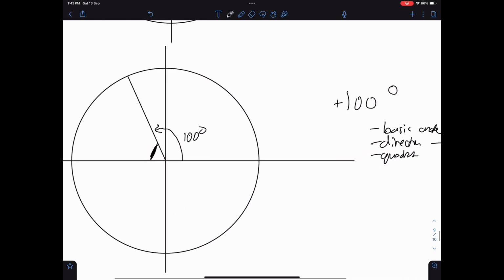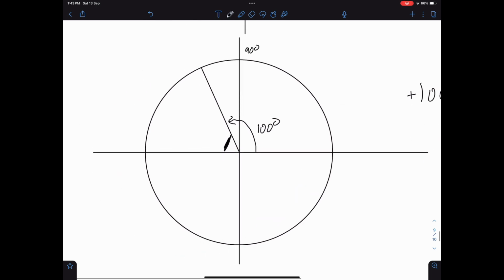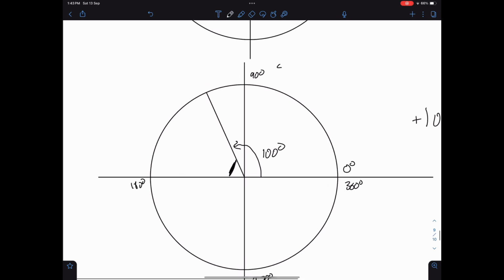And now the quadrant, we can see that this would be 90 degrees, this would be 180 degrees, this would be 270 degrees, and then this would be 360 degrees, or 0, and then that would be 450, etc.